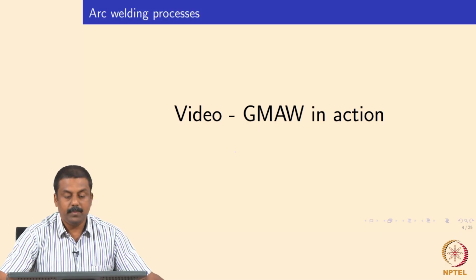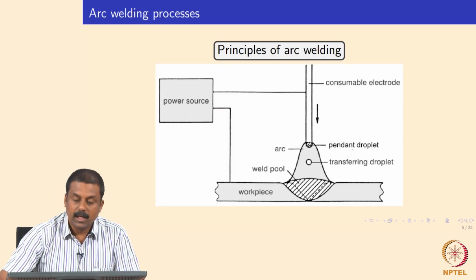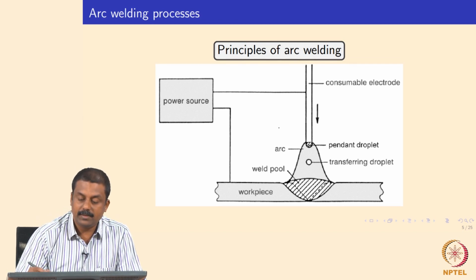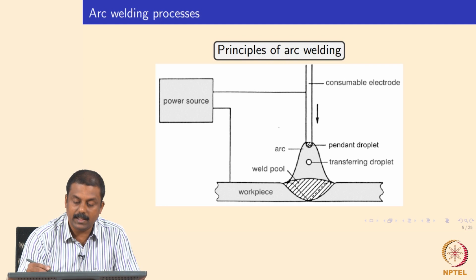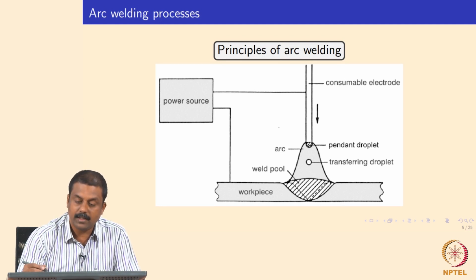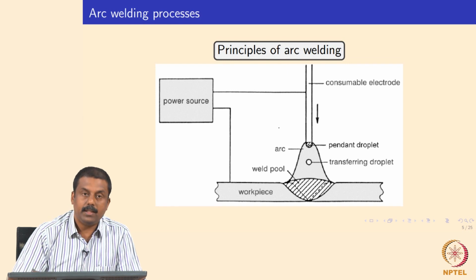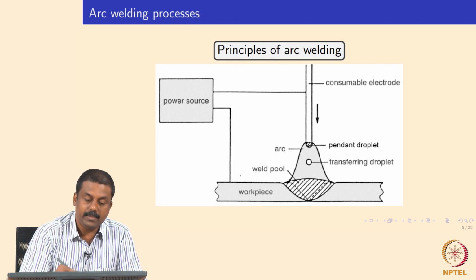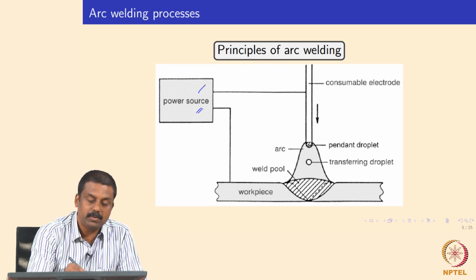The other aspects of GMAW you need to see are in the schematic shown in this slide. This can be seen to understand the entire transfer characteristics and the cross section of the weld pool we generate. We have the consumable electrode, and the electrode and the workpiece are connected to a power source, and this power source transfers the current.